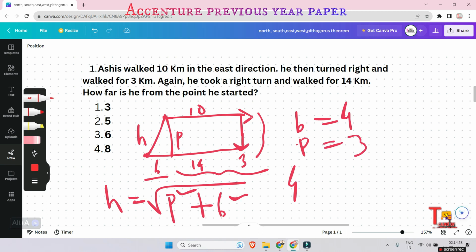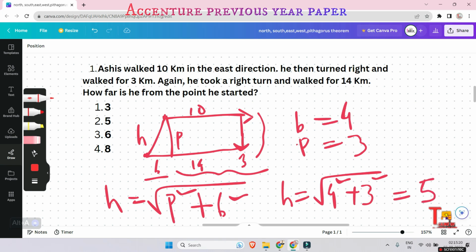So h is equal to root over 4 square plus 3 square. 4 square means 16, plus 3 square is 9. So 16 plus 9 is equal to 25. Root 25 is equal to 5.